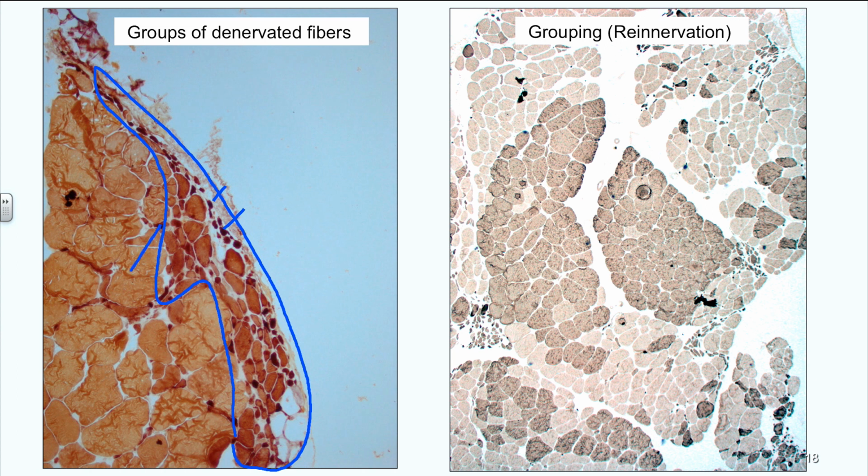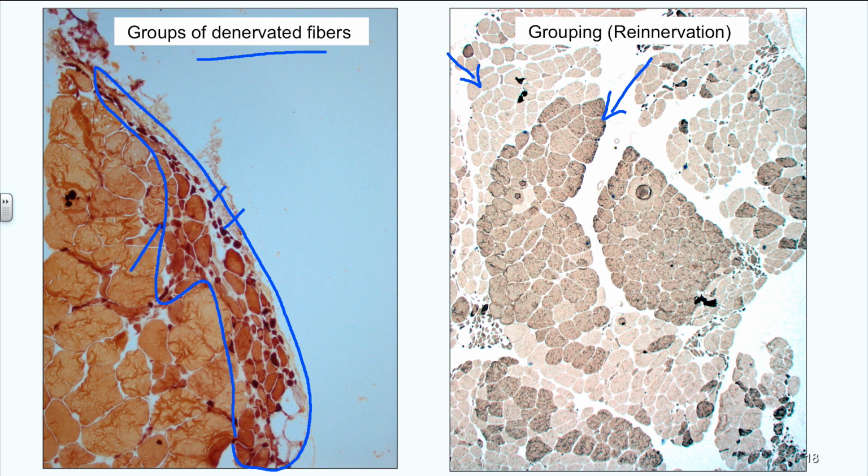It happens so that in this patient, when we did ATPases to see the distribution of the myofibers, and I'll explain to you in a little bit why we do that, we saw this pattern: lumps of one type of fibers on one side and lighter fibers on another side. Grouped atrophy of denervated fibers.